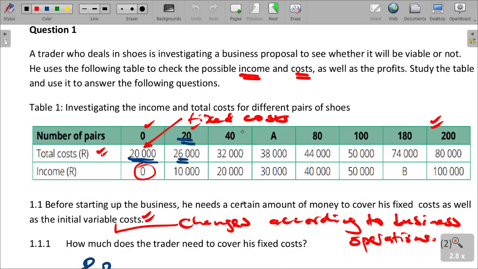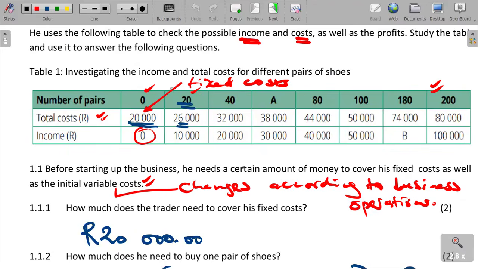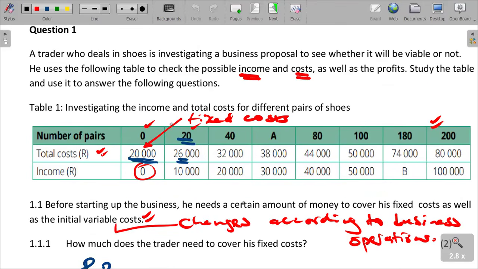So how do we get that total income? It is the number of pairs that he is going to sell, or that he is going to stock for sale, multiplied by the price per pair of shoes.